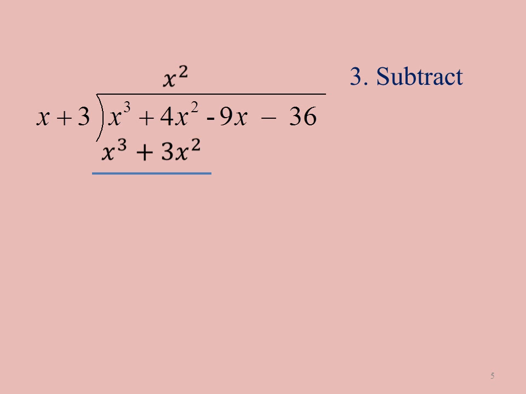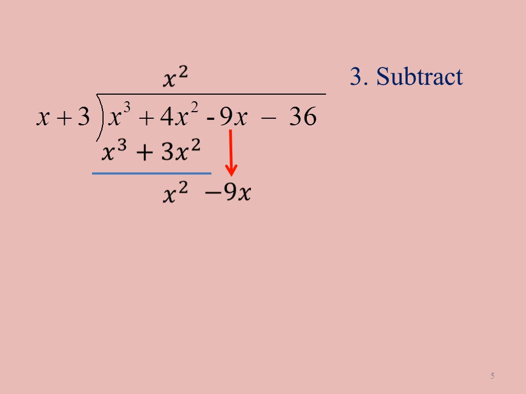Next, we draw a line and we subtract. x cubed minus x cubed is 0. 4x squared minus 3x squared is x squared. The next thing to do is to bring down the next term, minus 9x.